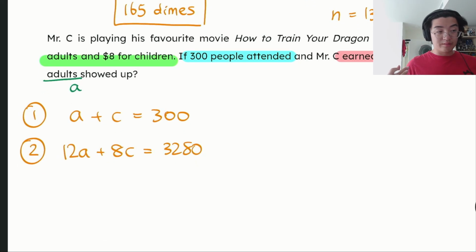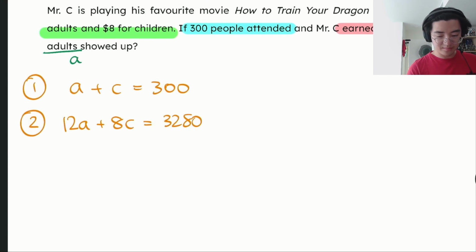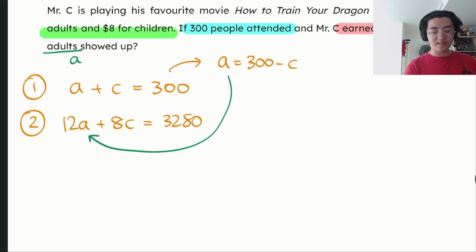So in this case, we can just eliminate something. We can multiply the top by 8, so we can eliminate the C. But in this case, it's actually faster to just substitute, because we can rearrange it to be A equals 300 minus C. And I plug this A back into here. So we can use substitution here, which is a little faster.